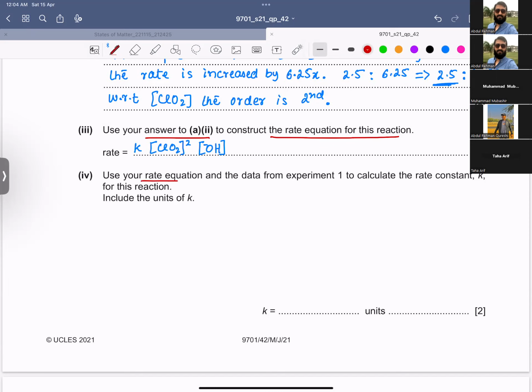Now use the rate equation and the data from experiment 1 to calculate the rate constant k for this reaction. If I make k the subject, the expression would be k equals the rate over the square of the concentration of ClO2 times the concentration of hydroxide ion. We take the data from experiment 1.